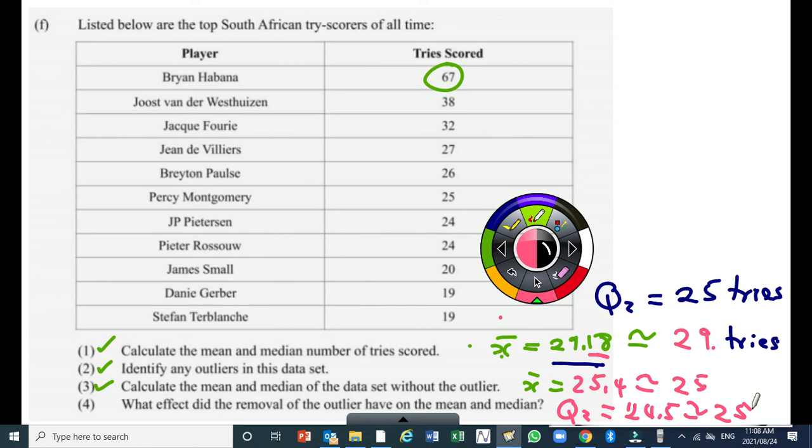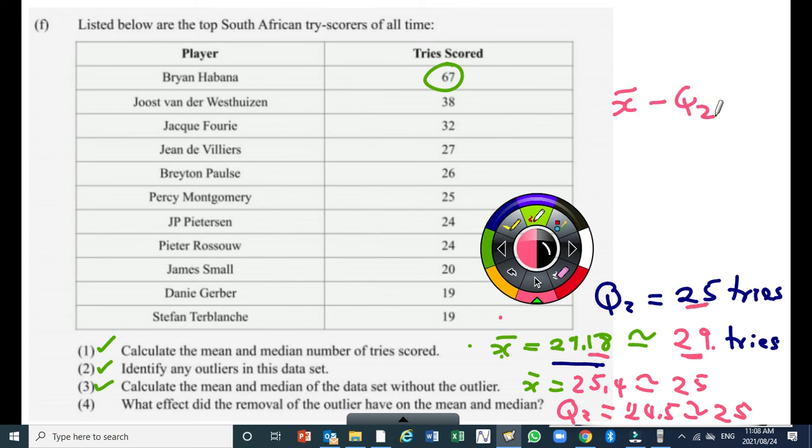Otherwise, I'm sure you can see that initially the mean was 29 and the median was 25. Do you remember what I told you when you want to determine whether the data set is skewed to the left or skewed to the right? You have to determine x bar minus Q2.